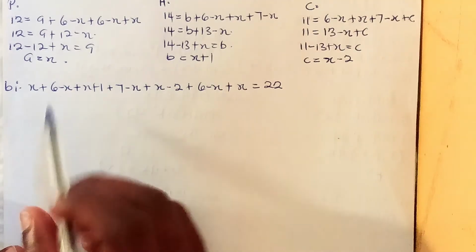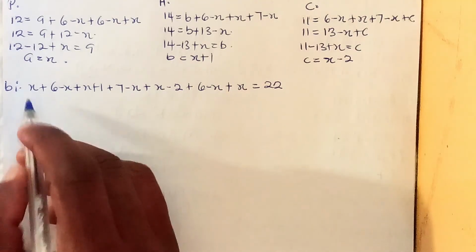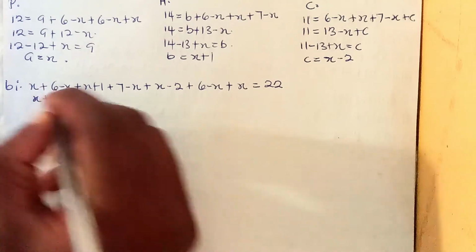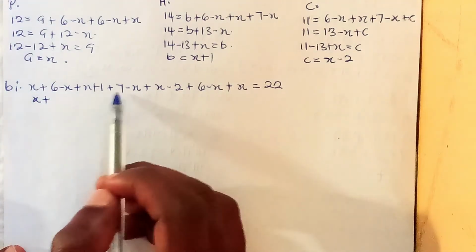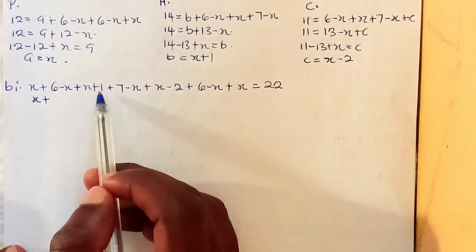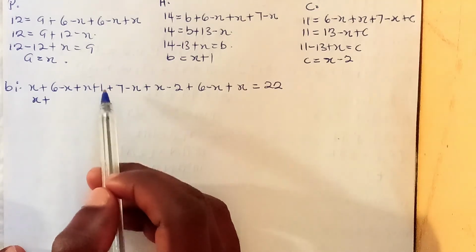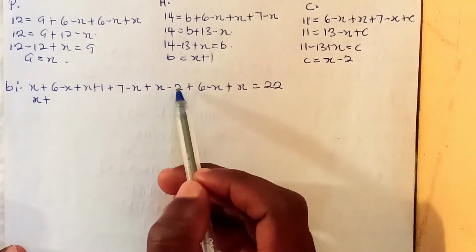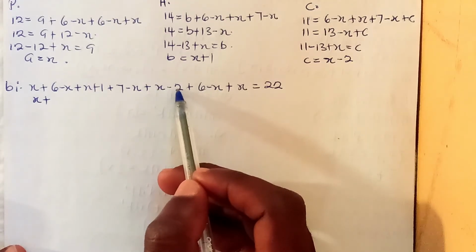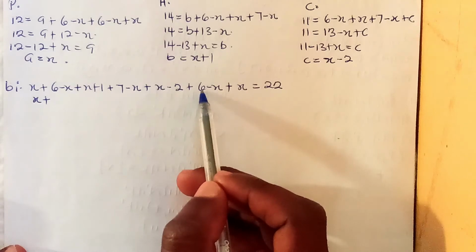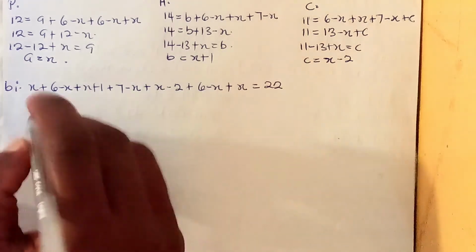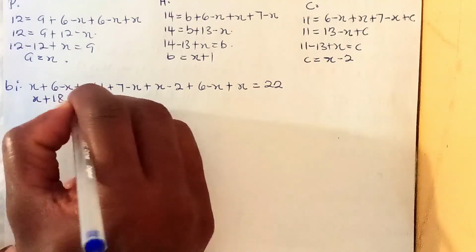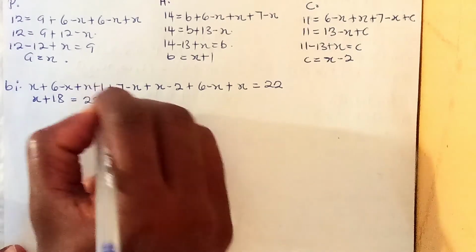So now let's add the numbers. This maintains. So we have x plus, we have 6 plus 1 first. We have 7. 7 plus 7, we have 14. Now we subtract 2 from the 14 to get 12. Then we add the 6 to it to get 18. So x plus 18 is equal to 22.